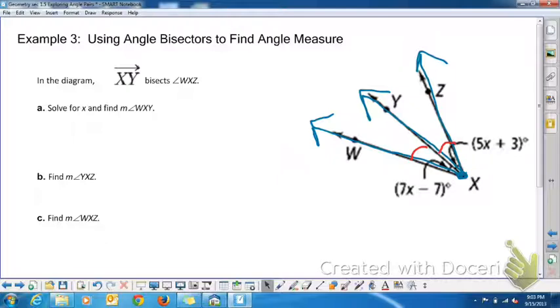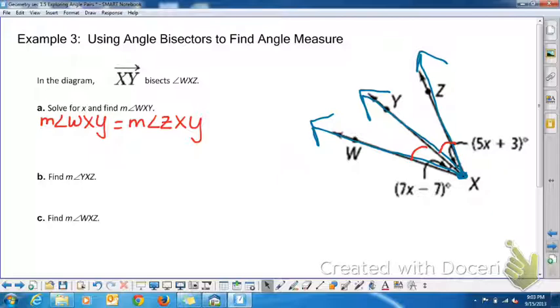So angle WXY is congruent to angle ZXY. Because angle WXY is congruent to angle ZXY, the measure of angle WXY is equal to the measure of angle ZXY. So we can substitute in these values given for these angles in order to solve for the value of x and therefore find the measure of WXY.